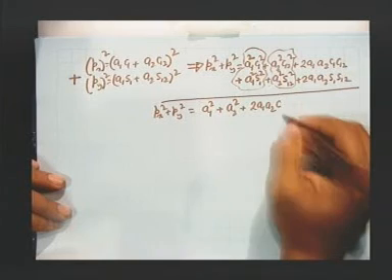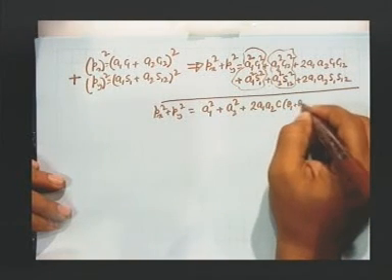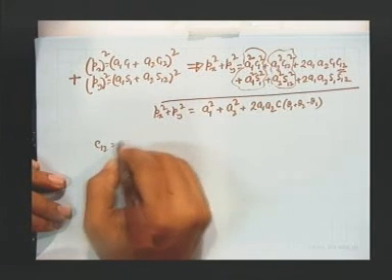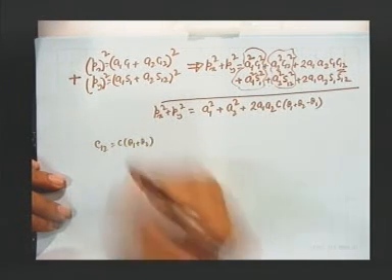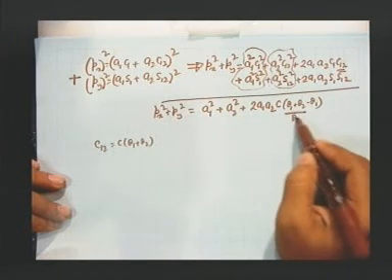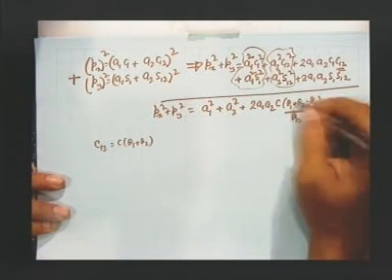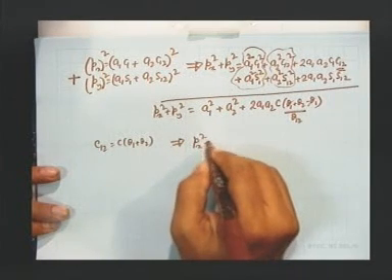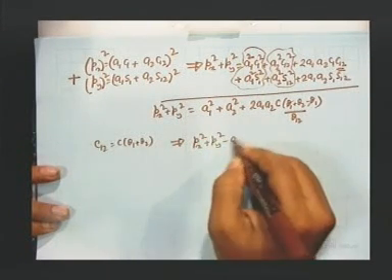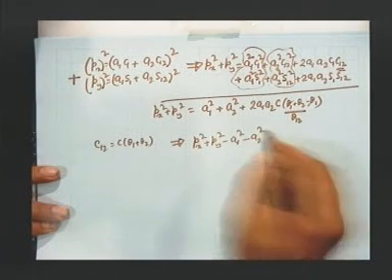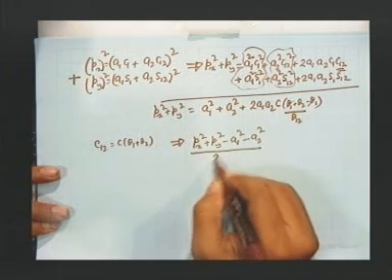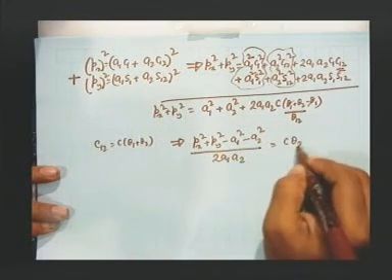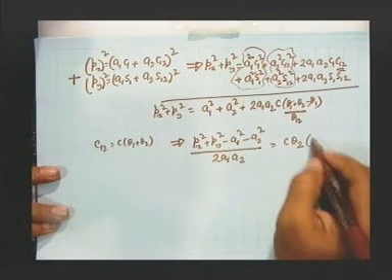So, this will be cos of theta 1 plus theta 2 minus theta 1, because cos theta 1 2 means cos theta 1 plus theta 2. So, this cancels out. So, finally, p x square plus p y square minus a1 square minus a2 square divided by 2a1 a2 will become cos theta 2.